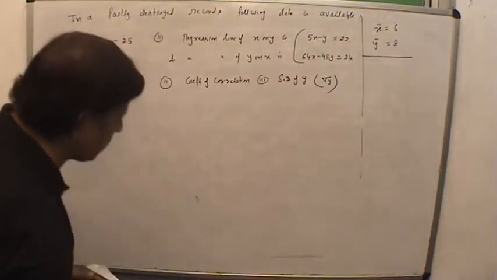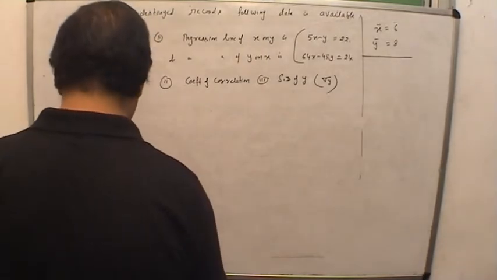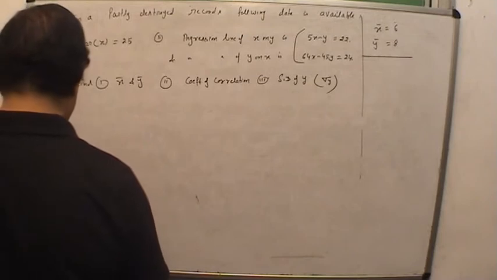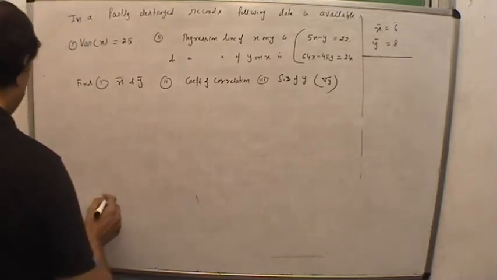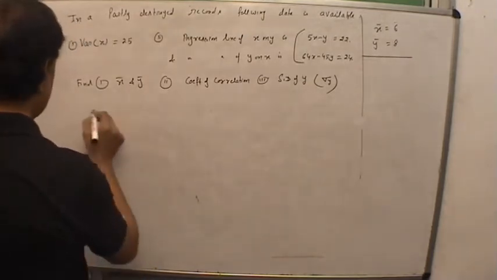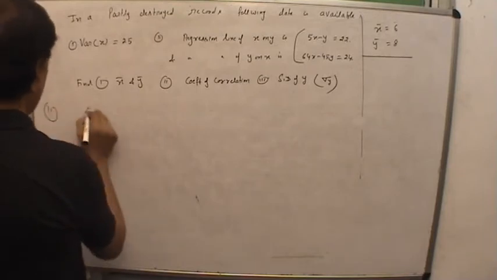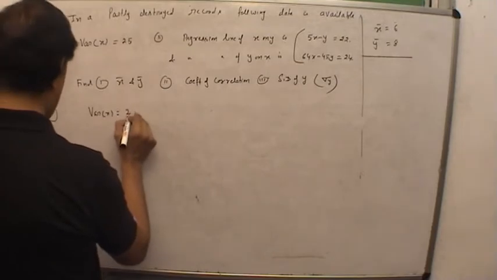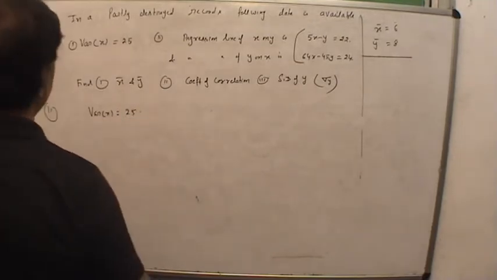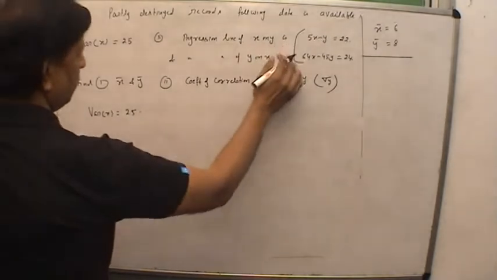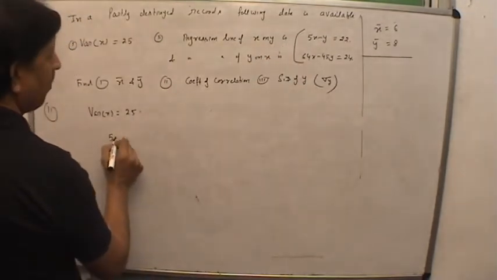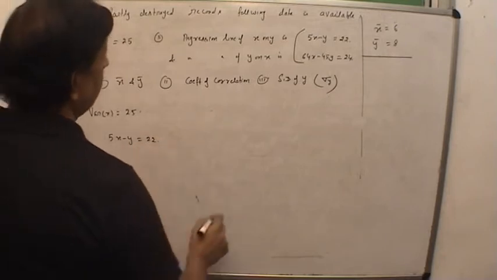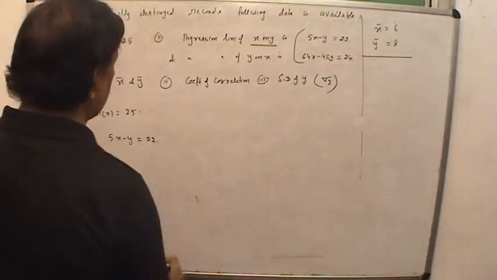We use some new formulas. Here we are given the variance of x, that is equal to 25. The first line we have is 5x minus y is equal to 22. It is the line of x on y.